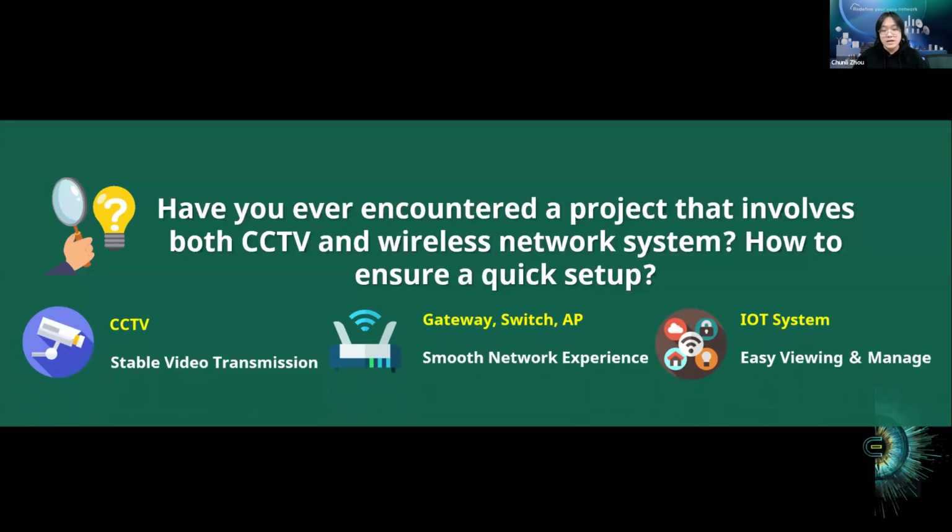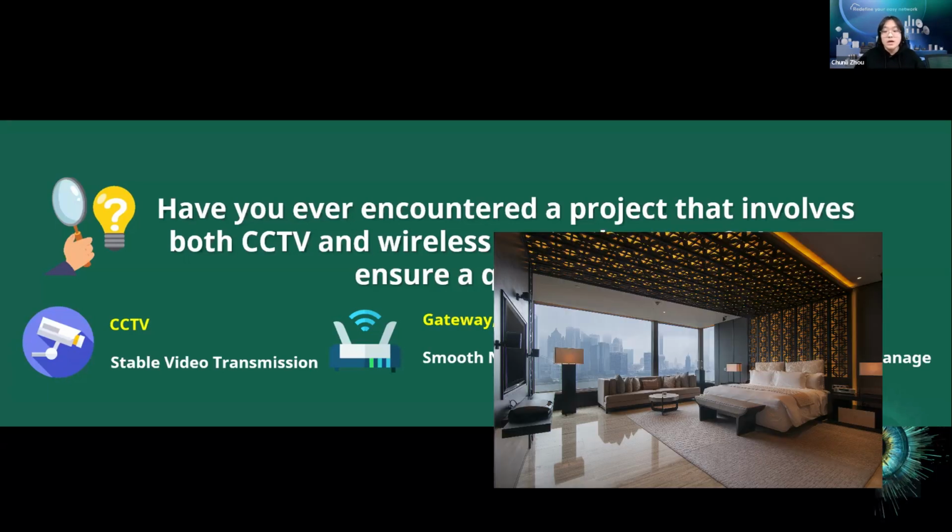In such a mixed network, a quick setup is very important. And more than that, VLAN configuration is also important. Our customers hope to separate the CCTV network and wireless network, or staff network and visitor network, right? Like this. And we have a real case in Indonesia, and we will find the answer in this case.